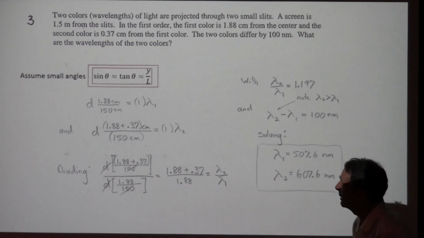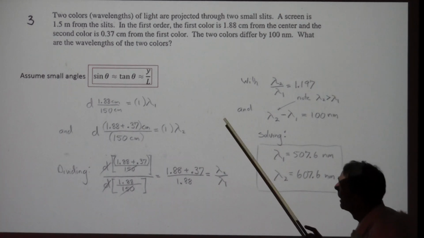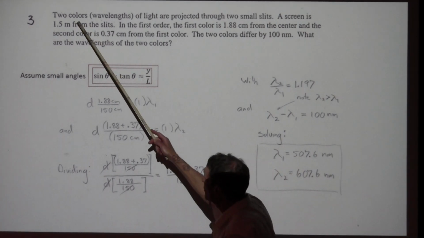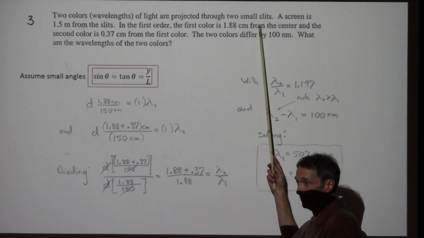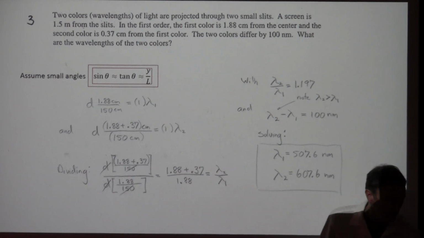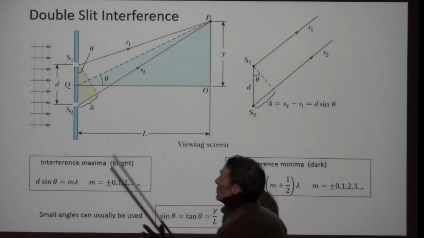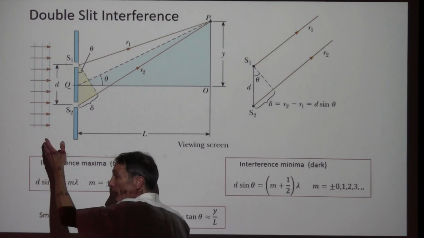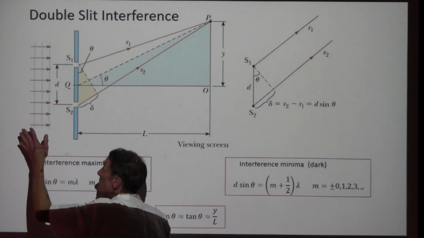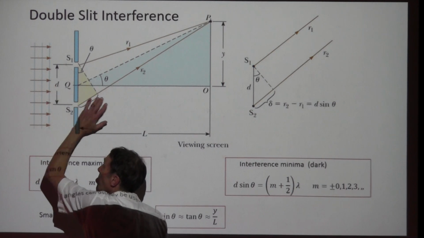Okay, let's do a simple problem using this. Something that kind of throws people: two colors of light are projected through two small slits. Now the light coming in here, we're showing maybe just one light. Consider that we could have a bunch of different colors all passing; the waves, like water waves, just pass through one another.